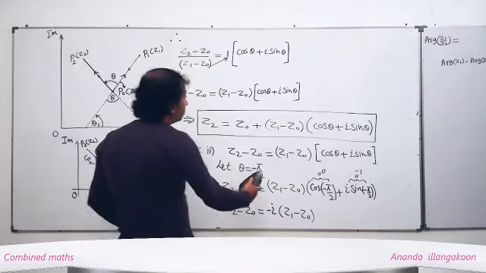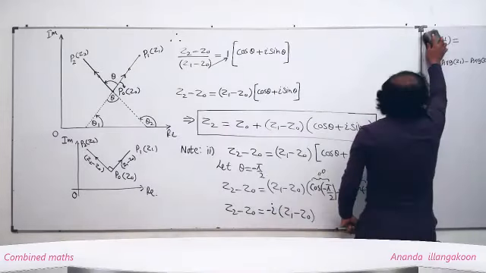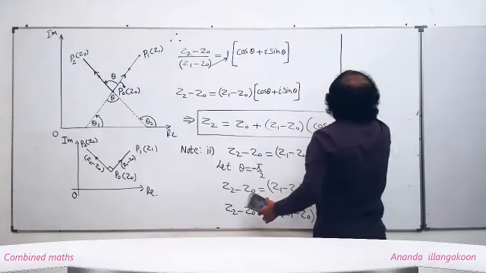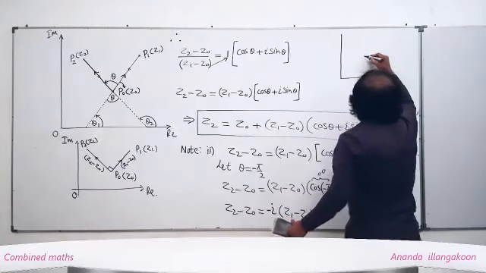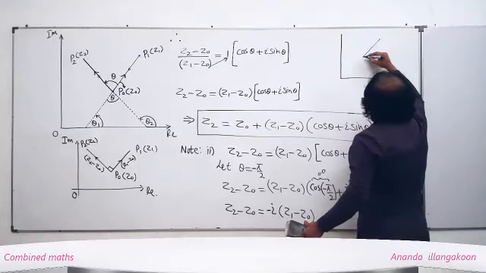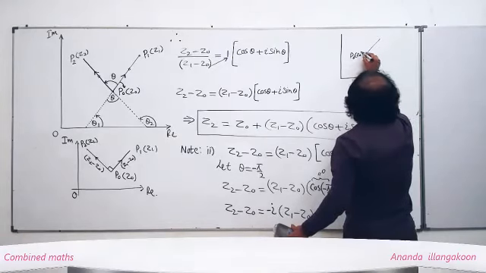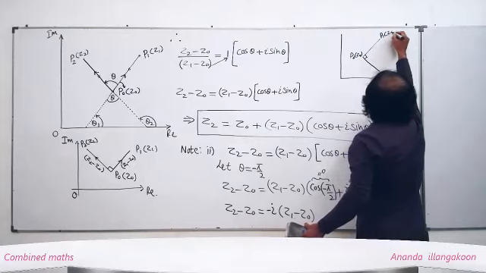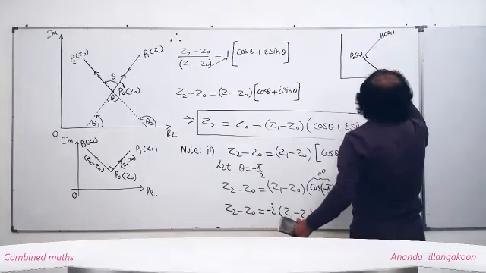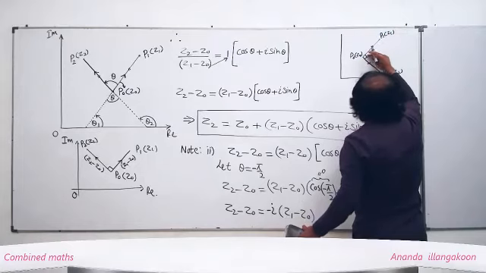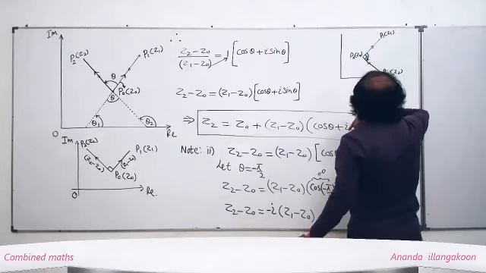We'll draw that diagram too. Initial position is this. Final position is this. P0, Z0. P1, Z1. P2, Z2. This way it rotates clockwise.